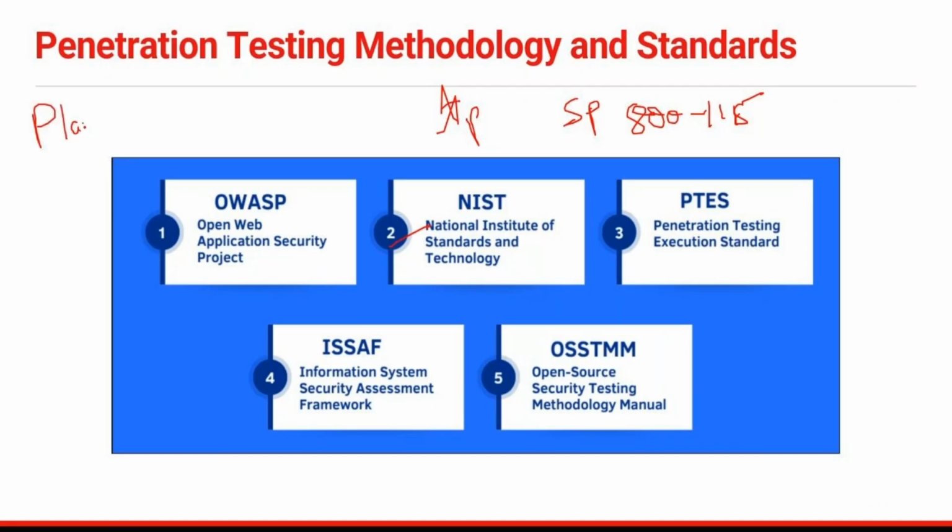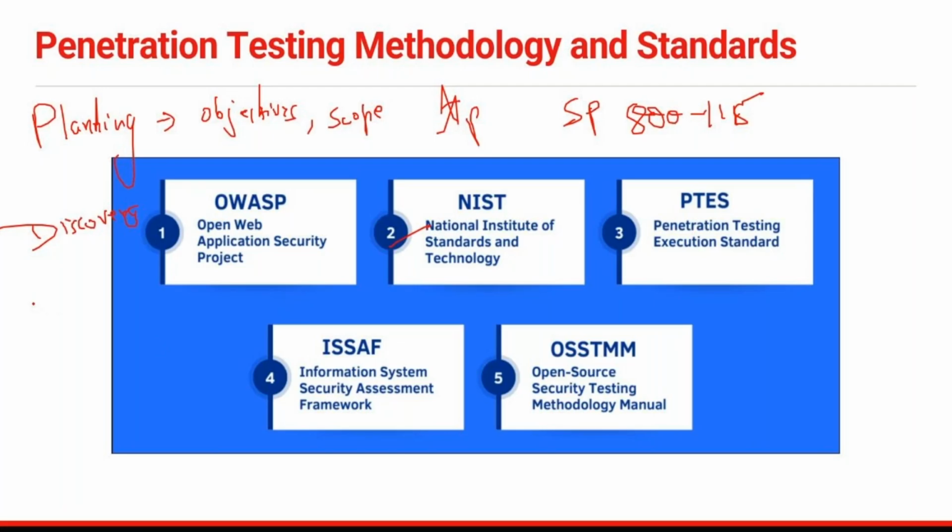The first phase is planning. In planning, you will define the objectives and the scope of the pen test. Then happens discovery. Discovery means gathering intelligence or information on the target system.